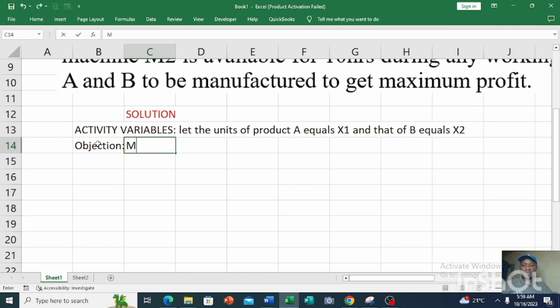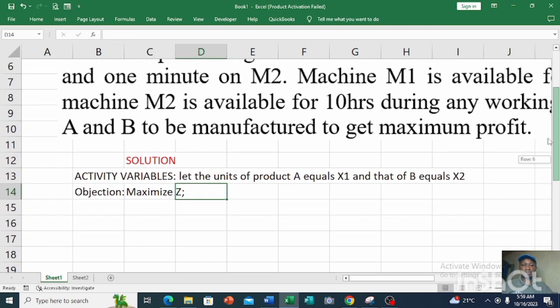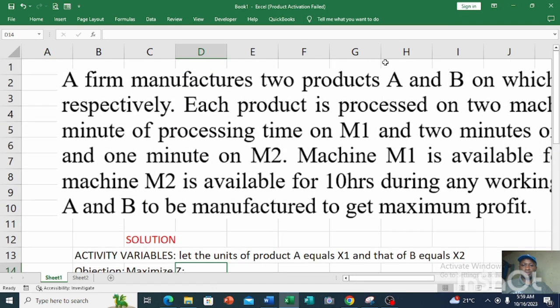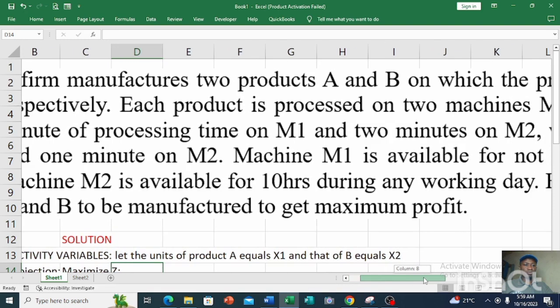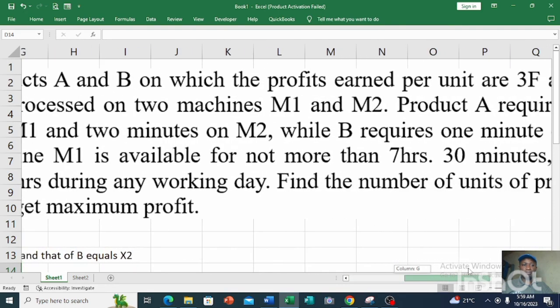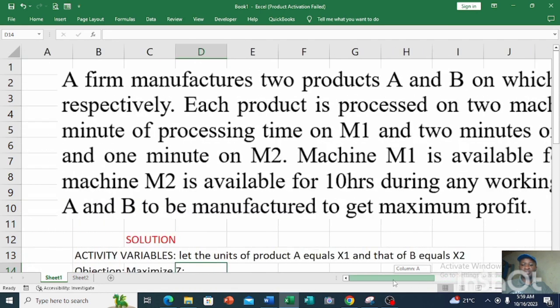So we are going to maximize Z, and we are going to use the profit from the question.